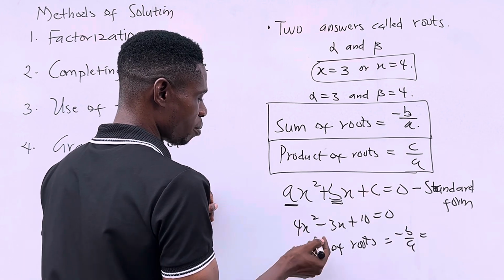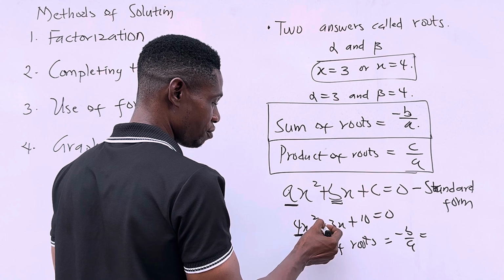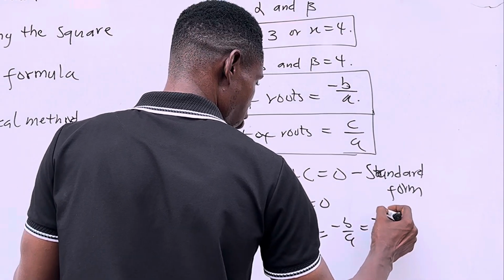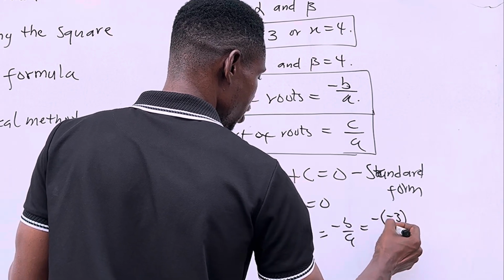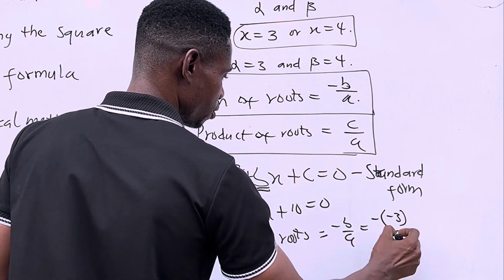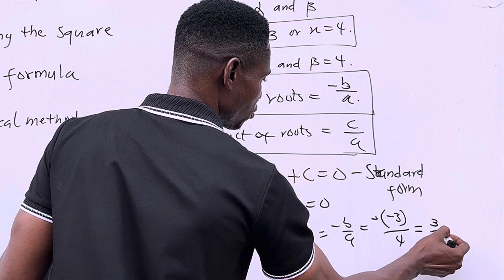What's our b? Remember, comparing with the standard form, b is negative 3. So that gives us minus negative 3 over a. What's our a? 4. So that gives us 3 over 4.